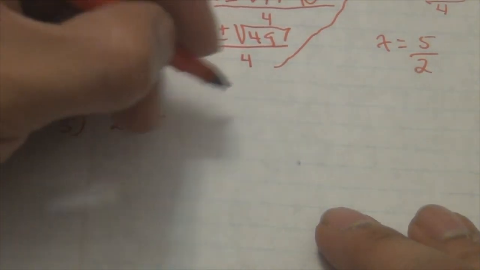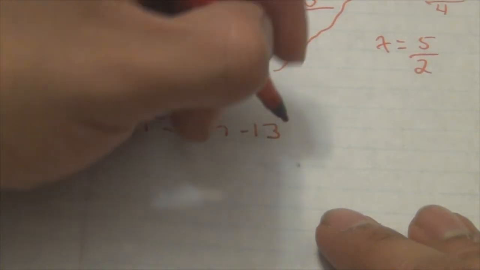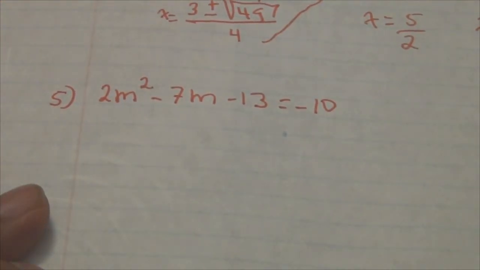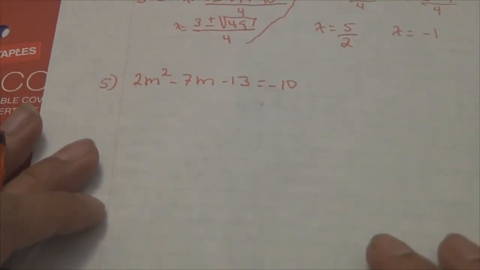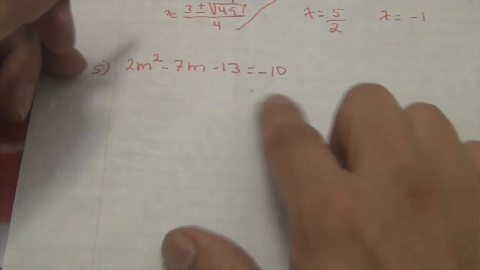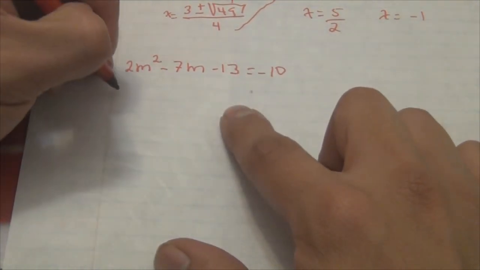2m squared minus 7m minus 13 equals negative 10. I hope you can see from far, because I am actually gonna zoom out. Now this is not in standard form. This is not equal to 0, so I'm gonna make it equal to 0. So I'm gonna add 10 to both sides.